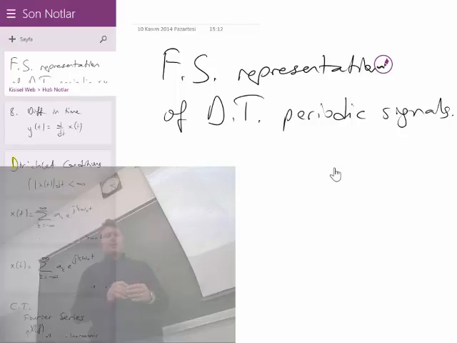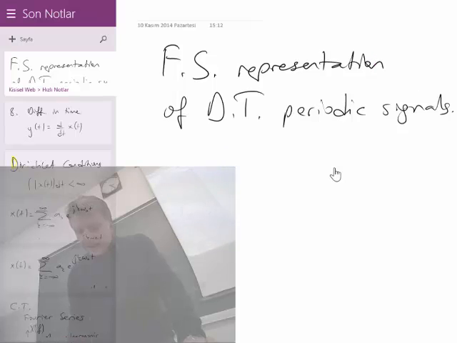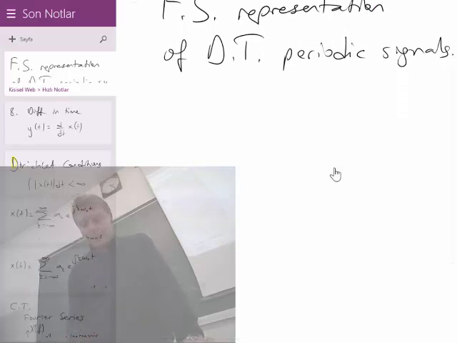The first part of this chapter was dedicated to continuous time periodic signals, and we found the methodology to find the Fourier series coefficients of continuous time periodic signals. This time it's Fourier series representations of discrete time periodic signals. Now, what is a periodic signal in discrete time?